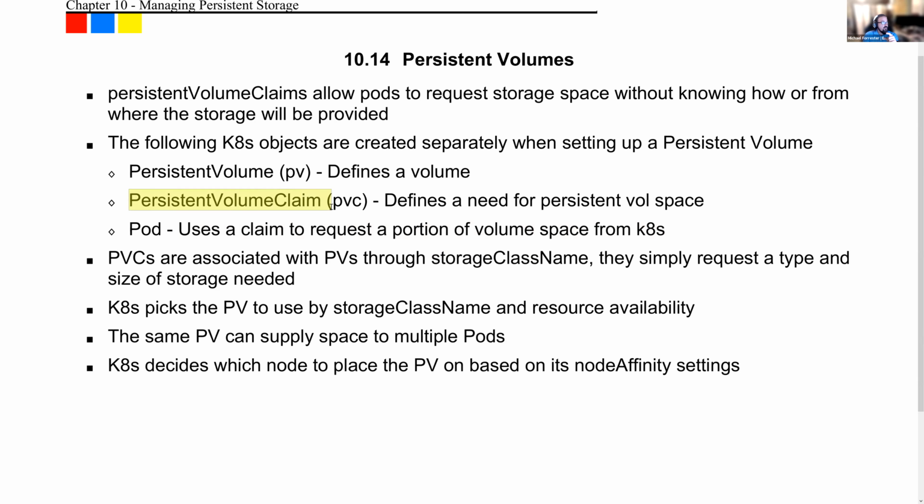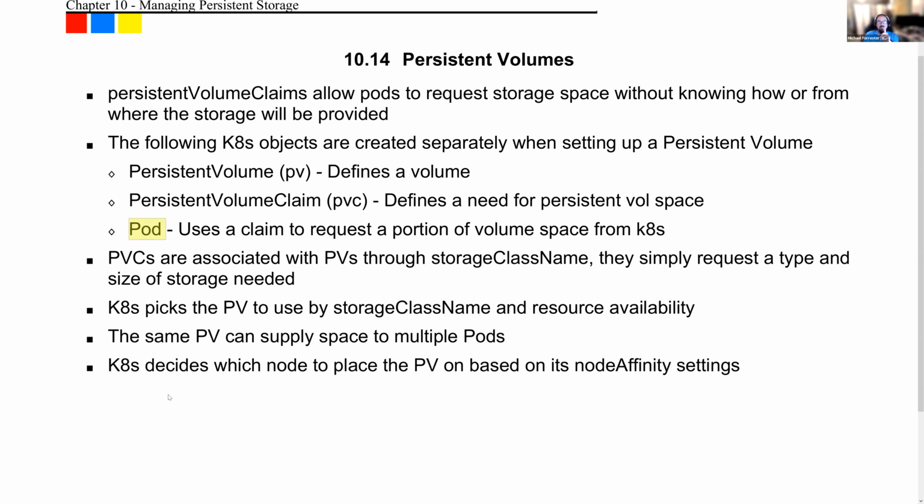When I make the persistent volume claim, you say, I want NFS storage. I want 2 gigs. So the persistent volume claim basically makes a request against the storage class, who then basically creates the volume and presents it to the pod.